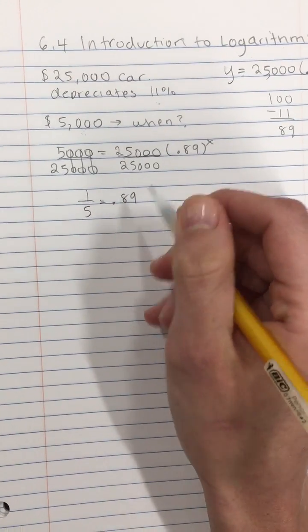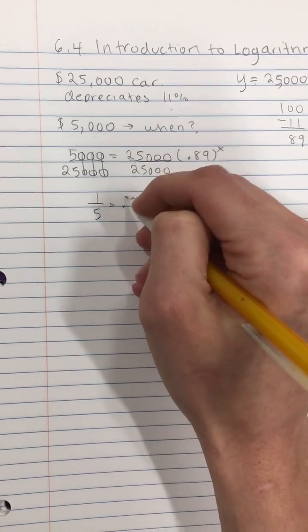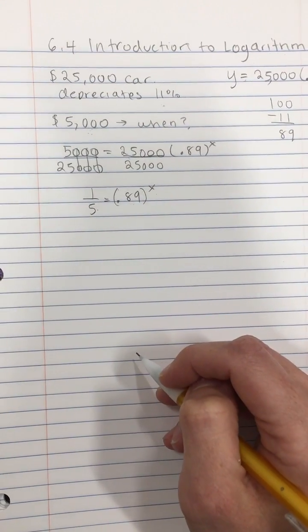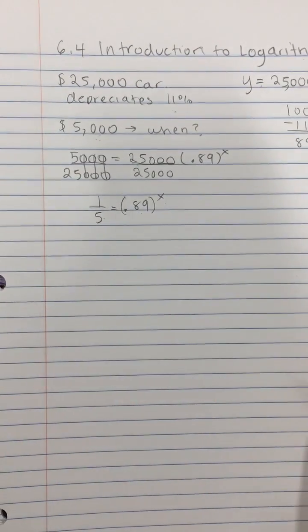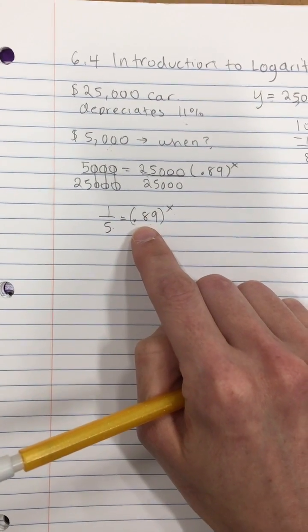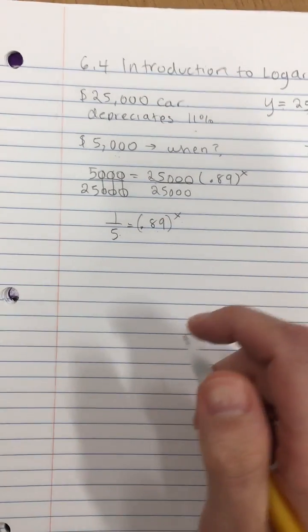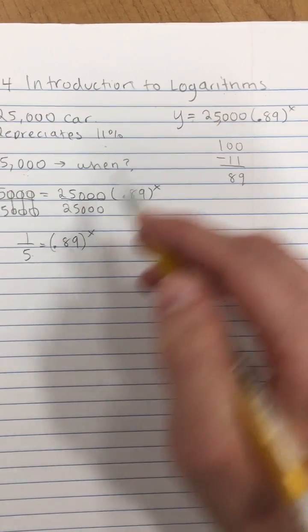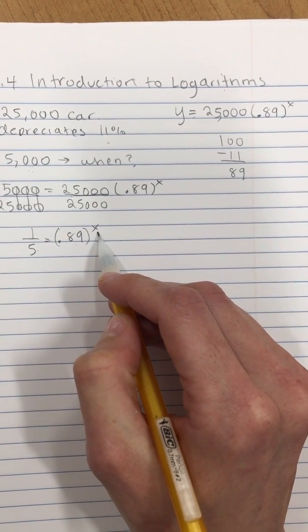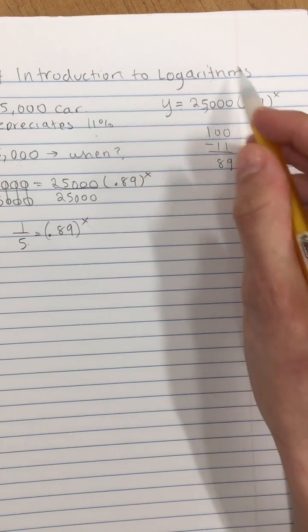So I'm kind of wondering when 0.89 raised to some power is going to equal a fifth. How do I solve that? Well, that's the power of a logarithm. A logarithm is a function that's actually going to solve for that exponent. Kind of interesting, but we're going to wait on that for a moment.